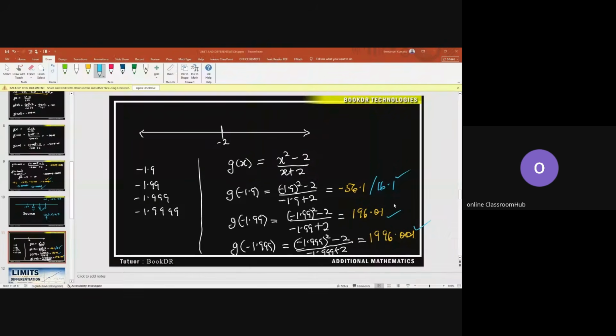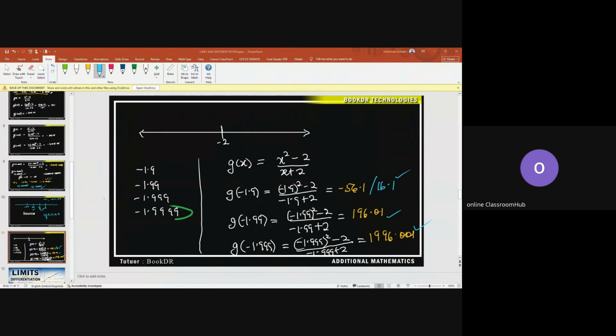Abrefi, these four numbers here, which one is closer to the negative 2? Abrefi, unmute yourself and talk. So I think negative 1.9999. Good.